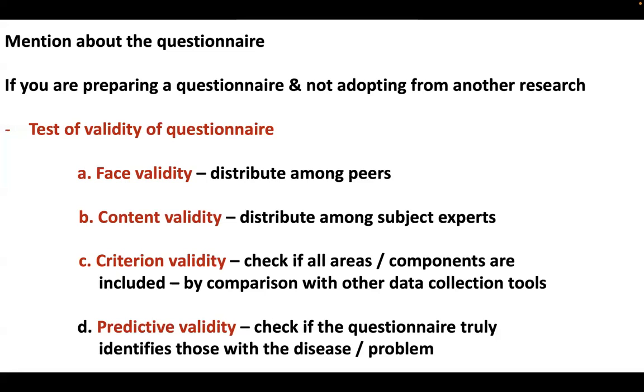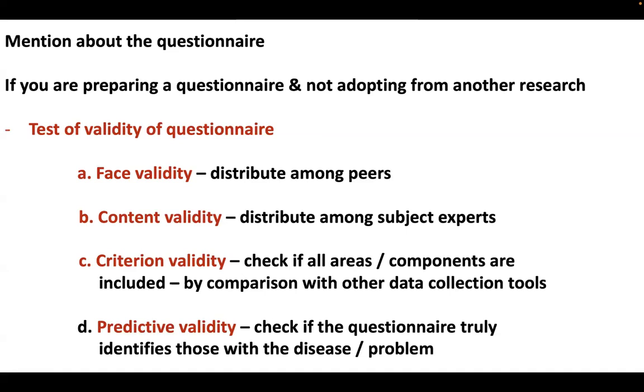Then I checked, they have added one more component, that is suicidal ideation or suicidal tendency. That was already missed in my questionnaire, right? When I looked for criterion validity, I could get that component to be added to my questionnaire. So that is an advantage of doing criterion validity. Comparing with other data collection tools, we will get something that we already missed.